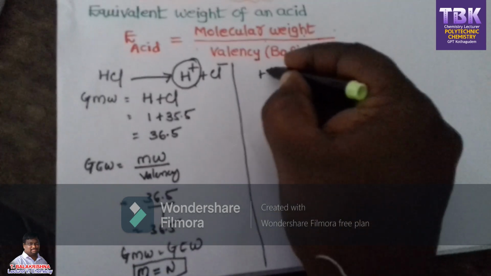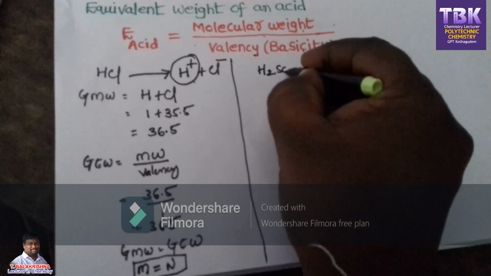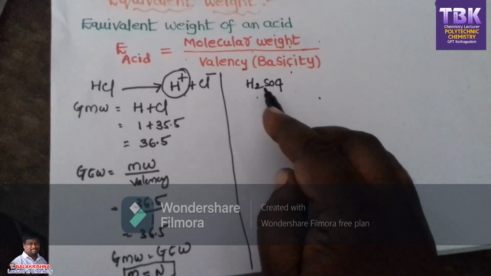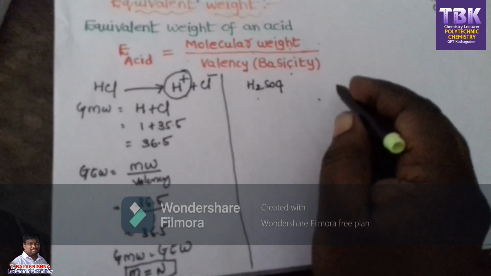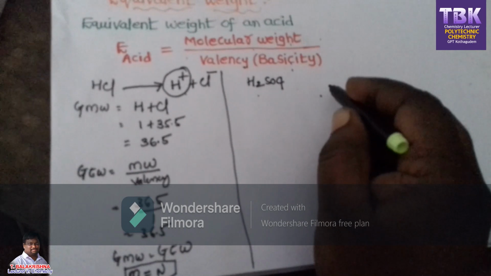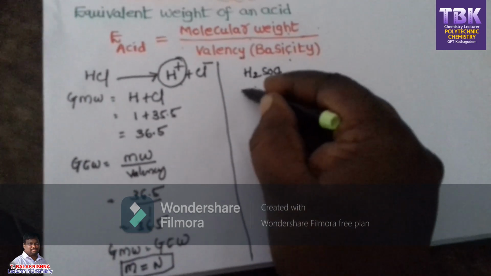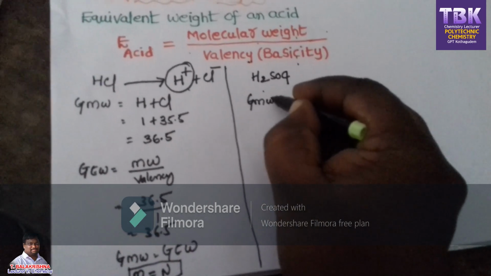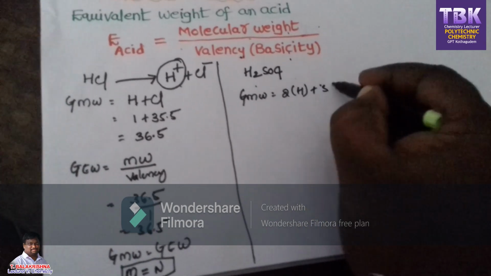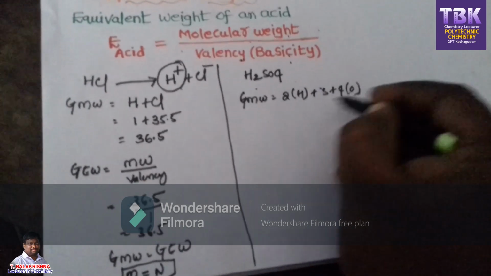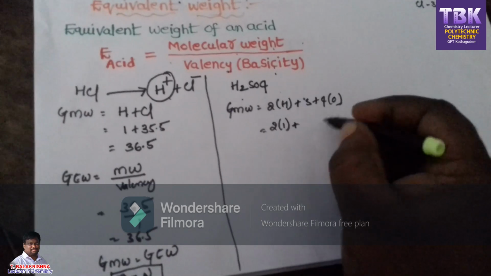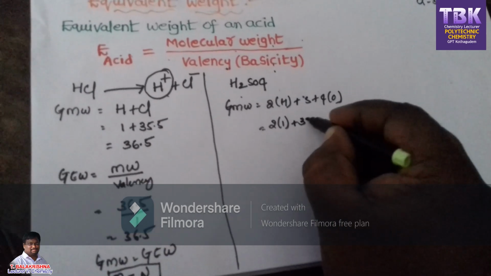H2SO4. Find out the gram equivalent weight of it. You confirm it is an acid because it produces H plus ions. First you find out the gram molecular weight. It contains 2 hydrogens, 1 sulfur and 4 oxygens. Hydrogen weight is 1, plus sulfur weight is 32.